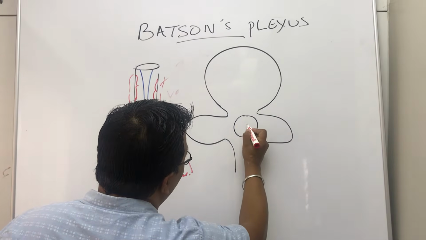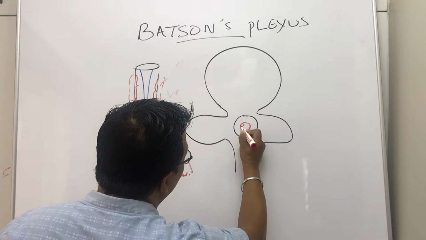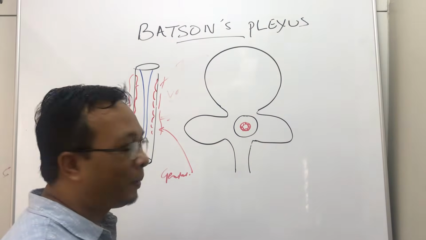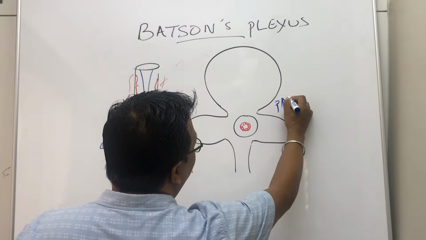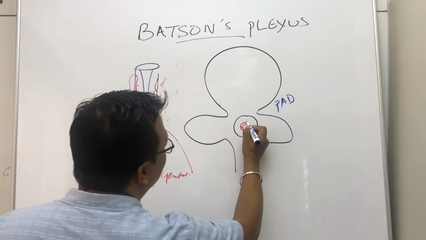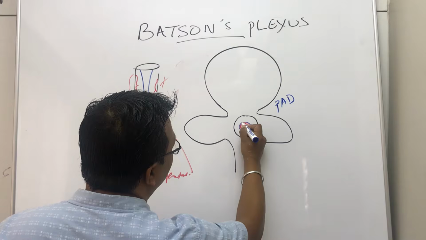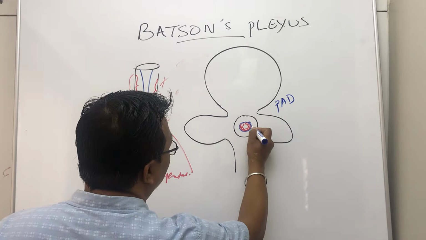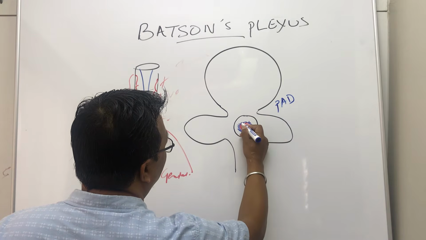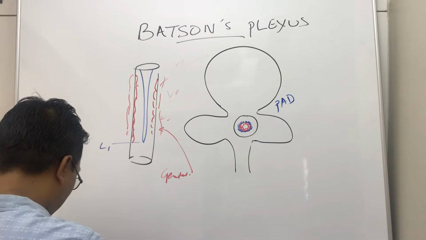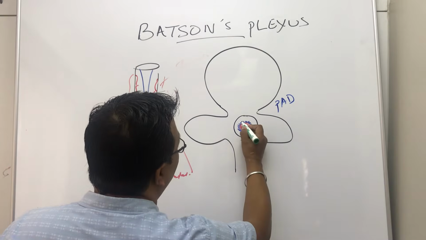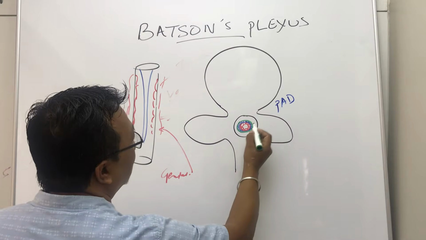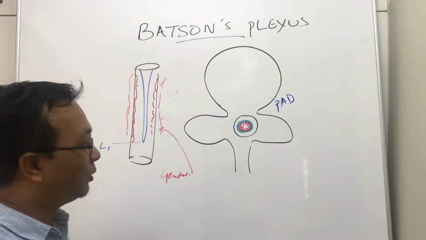In the center of the vertebral canal we have the spinal cord, and we know the spinal cord is surrounded by the pia mater, arachnoid mater, dura mater, from inside to outside. So this is the pia mater, then there is a layer of arachnoid mater, and then a layer of dura mater.